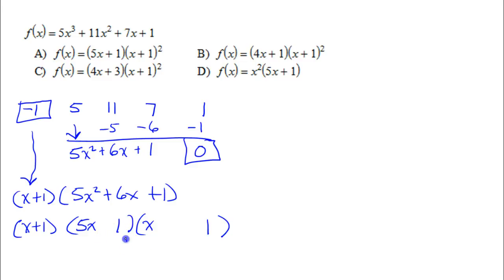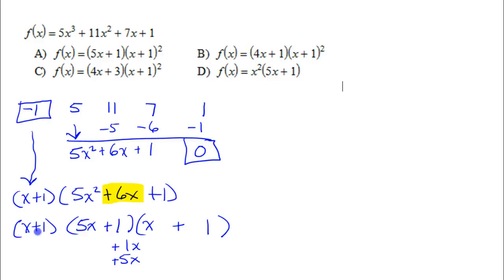So inner, I have 1x, and outer, I have 5x. I'm multiplying, not adding. Okay, I'm trying to get to a middle of +6x. So if I just leave these both positive, that will make +6x. So positive and positive. So that's it. I have now factored completely.